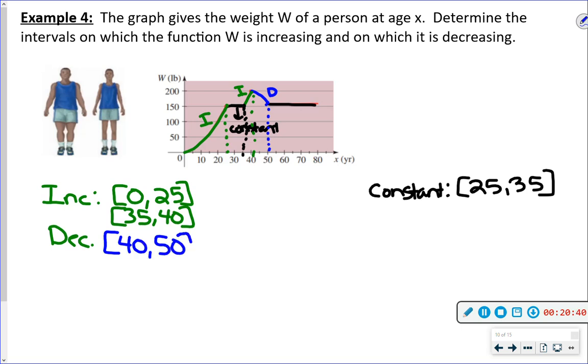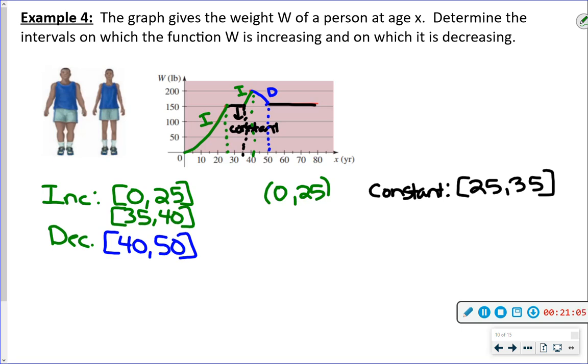Now, other thing to talk about too is these brackets versus parentheses. I am not going to be in a twist whether you use brackets like I have it right now or parentheses. Some textbooks write them like that. And the reason they put them like this, just to explain to you if you ever see it, they talk about the open intervals for x, which is increasing and decreasing.